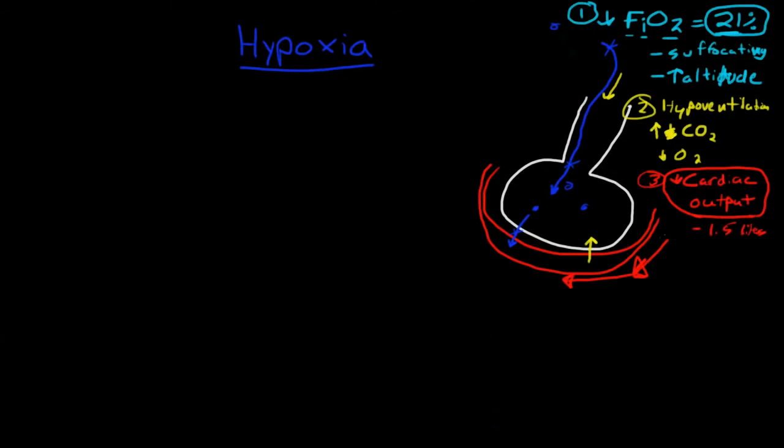Now, another possibility is we could have impairment of this membrane. So if we have thickening of the alveolar capillary membrane, remember oxygen is diffusing down its concentration gradient by simple diffusion.